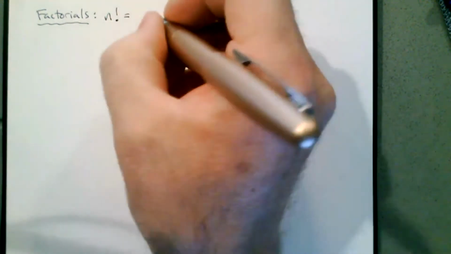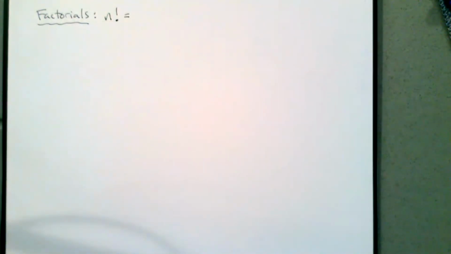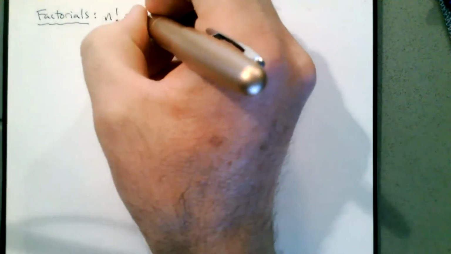It's got the very unfortunate notation of just putting an exclamation point after the number. So n factorial, if n is an integer, we can think of as the number of ways to arrange n objects.